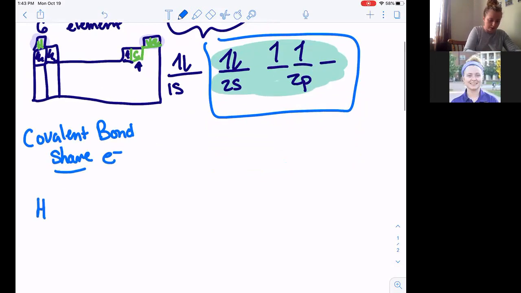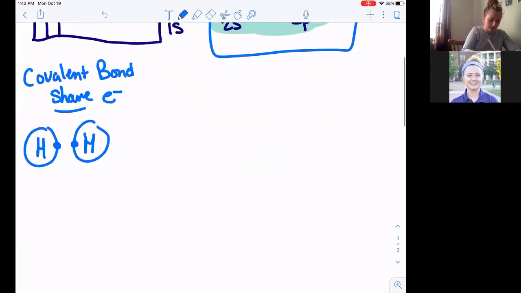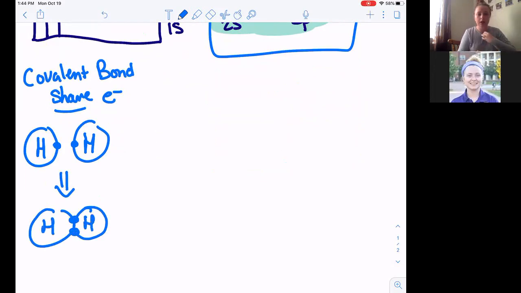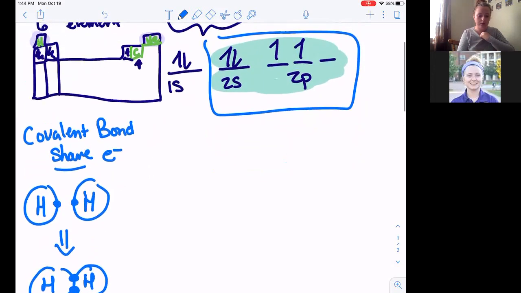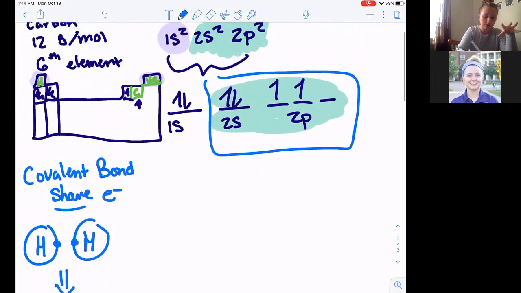I'm just going to use as an example two different hydrogens, they both have electrons. They'd come together like this to share those electrons, okay? So there's only two spots here. In the way things are set up right now, carbon can only make two bonds.